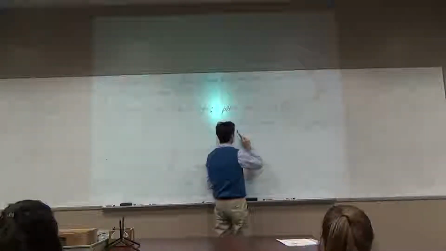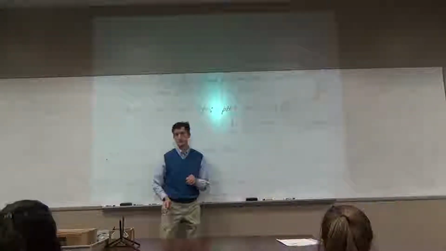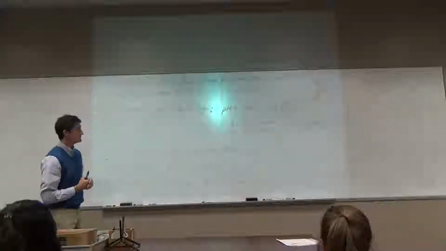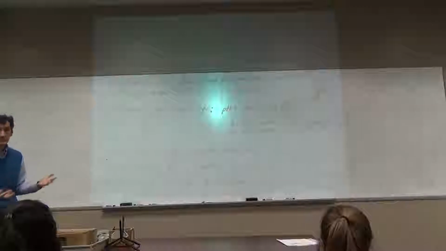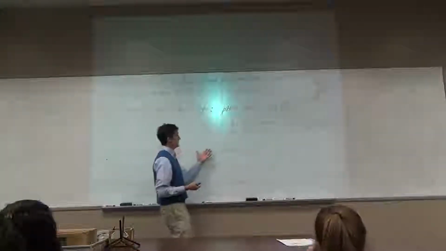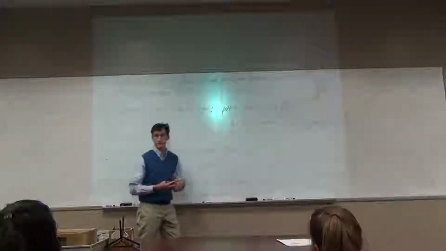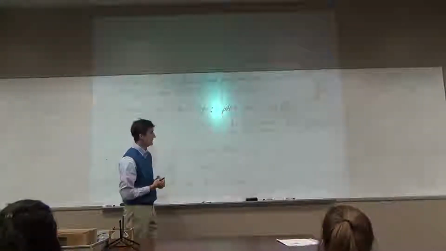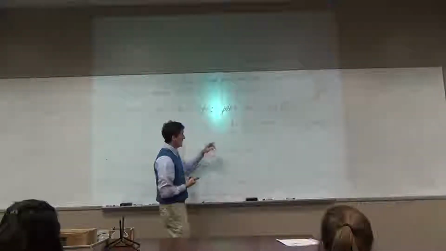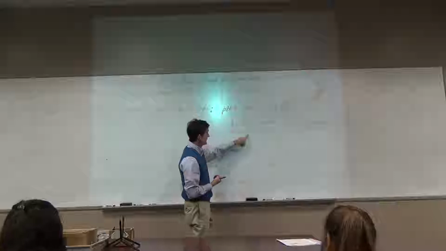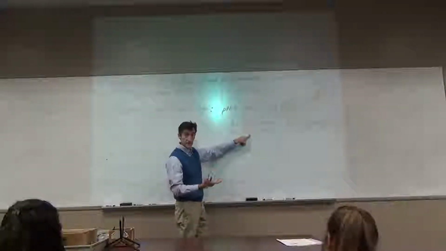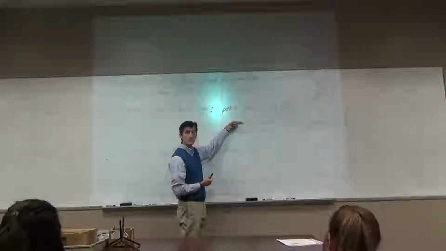B over A. B is the basic species, called the conjugate base. A is the acidic species. The acidic species contains the H, has the H. The basic species does not.